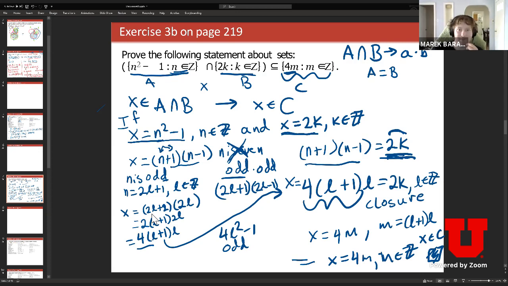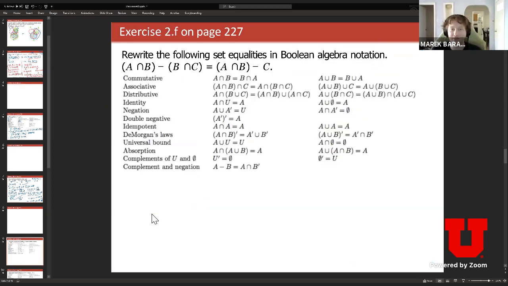Okay. So for this one, we're going to be doing the Boolean algebra thing. These are written in set notation, but you can easily convert them.